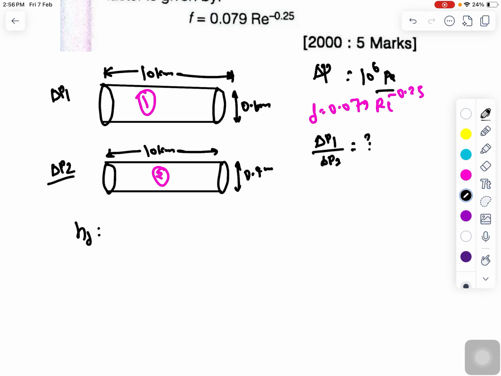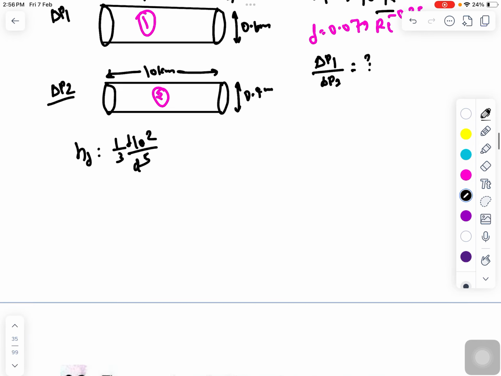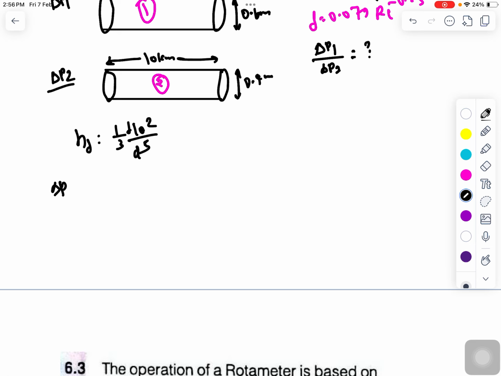So what is hf? That is equal to 1 by 3 f L Q square divided by D to the power 5. And what is delta P? Delta P is rho g hf. Is that clear?